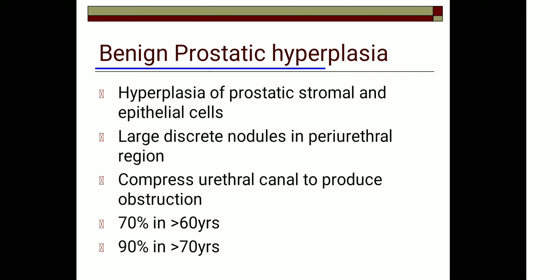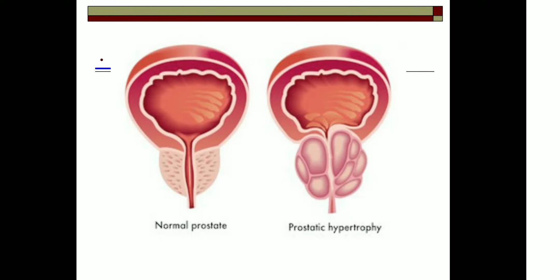And what is the result of this prostatic hyperplasia? It will compress the urethra in the center, and that will lead to urinary obstruction, usually seen in older males.